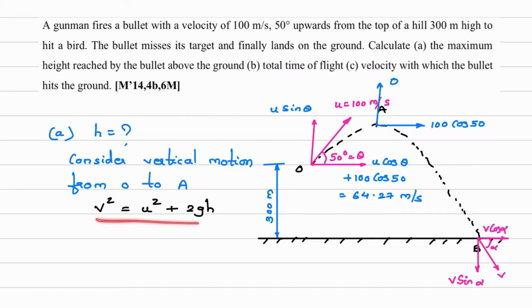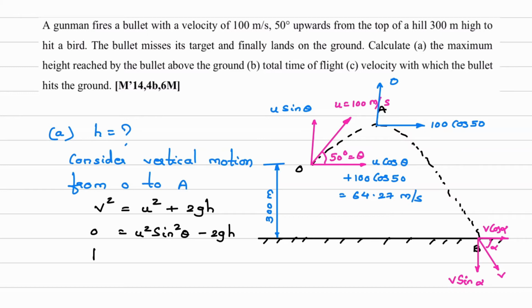Now in this equation, v is what? The final velocity, which is at point A in the vertical direction, and u is the initial velocity at point O in the vertical direction, and acceleration due to gravity will be minus g. So I'll substitute the values here. The final velocity v is 0 equal to u square sine square theta minus 2gh.